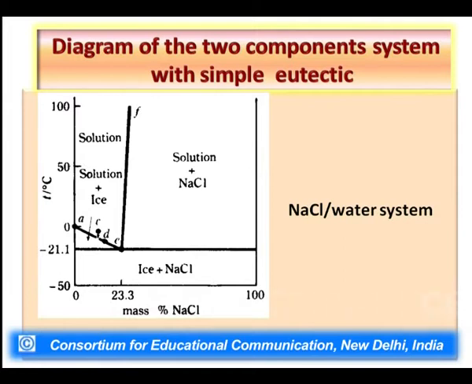When you have added enough sodium chloride, what does it try to do? Because of addition of sodium chloride, the melting point of ice will definitely decrease. So when you continuously sprinkle sodium chloride, what will happen? The system becomes unstable there.